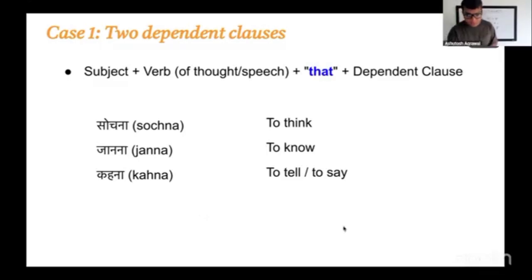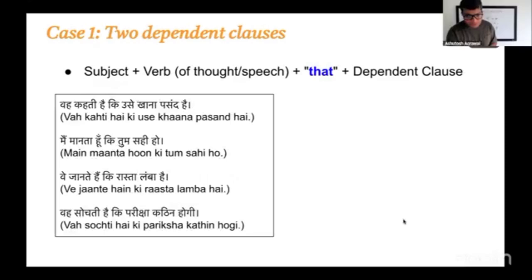Hopefully this is still a quick warm up for everyone. Now imagine these sentences. Wonderful, right? She says that, उसे खाना पसंद है. We are assuming that she's talking about herself. She may be talking about someone else as well, but the point is both sentences are combined with ki. She thinks, वह सोचती है.